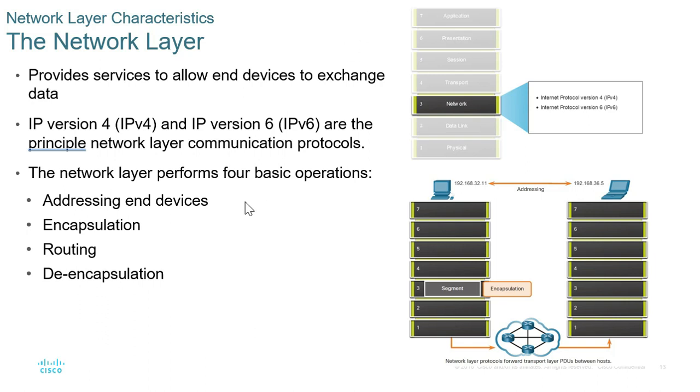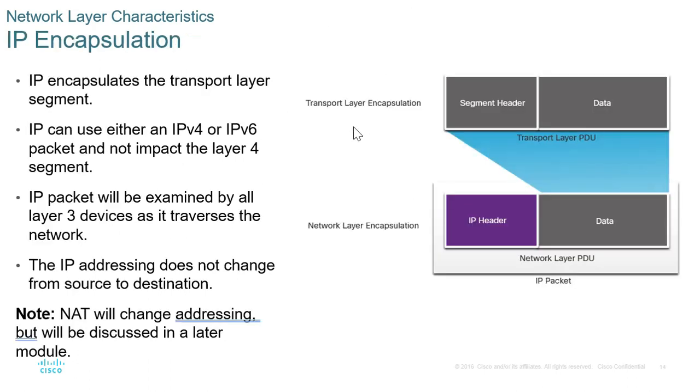Selain daripada tu, dekat network layer, kita juga ada services of addressing the end devices, encapsulation, routing dan juga de-encapsulation. So daripada data dekat transport layer, data ni akan dipaskan dekat network layer dan tugas devices di network layer adalah untuk tambah network layer punya header.